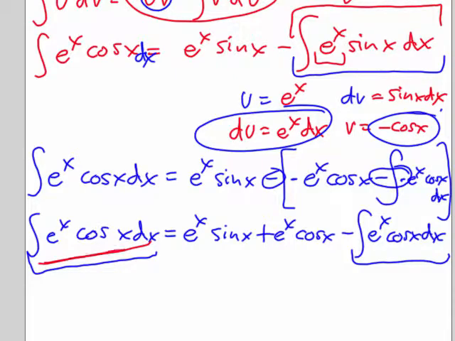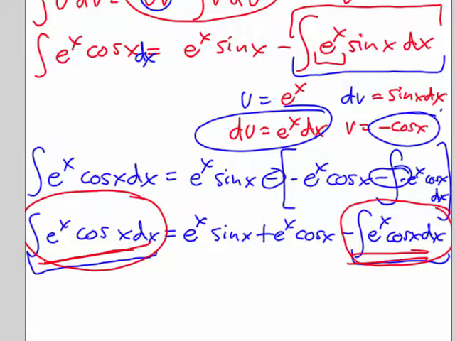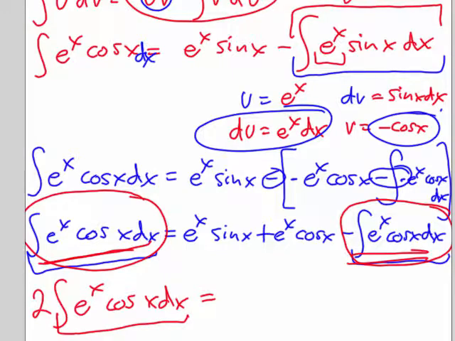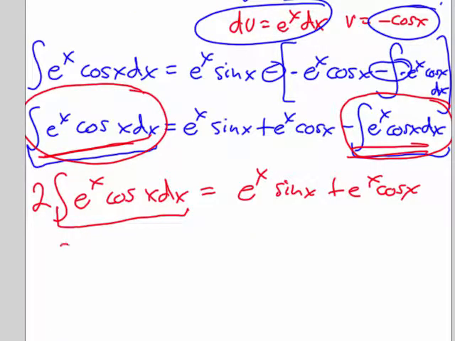Now notice that this, though, is the same as this. So if I think of this whole big thing as a variable a, and this is minus a, I could bring this integral back over to the left side, and I'd have two integrals of e to the x cosine x, which means that to finish this off, to evaluate this integral, I could divide by 2, and so I get, I'm going to factor out the e to the x on the top.